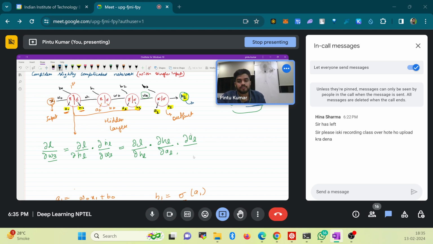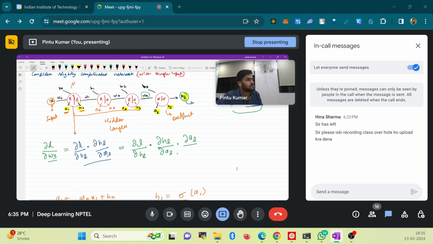Okay, so I can split this into two parts now. So this is what I wrote. I'll rewrite it. So this would be del L with respect to del HL, and then we can take partial derivative of HL with respect to W3. Okay, I hope this much is clear, whatever I've written in blue over here, is this much clear?